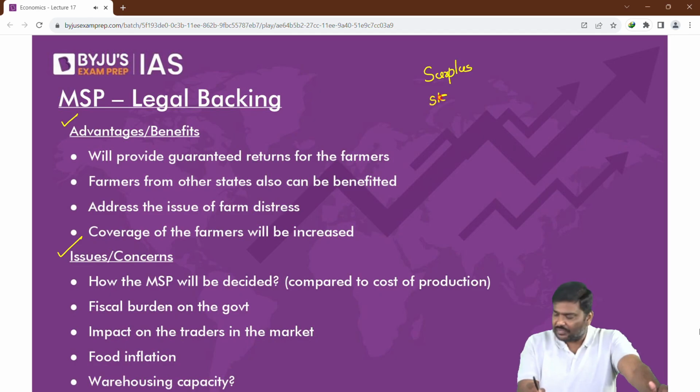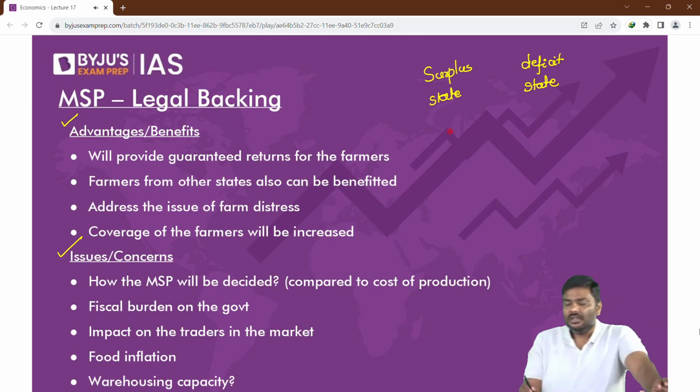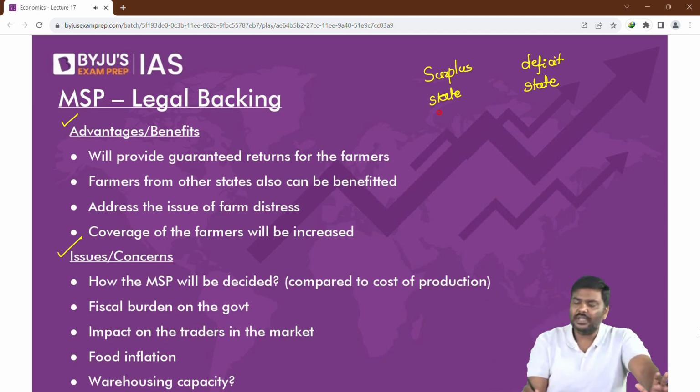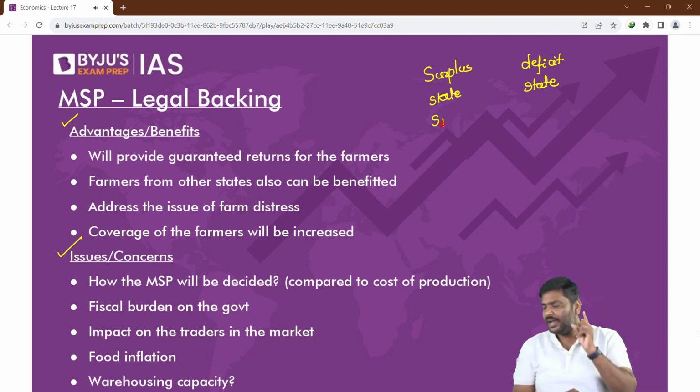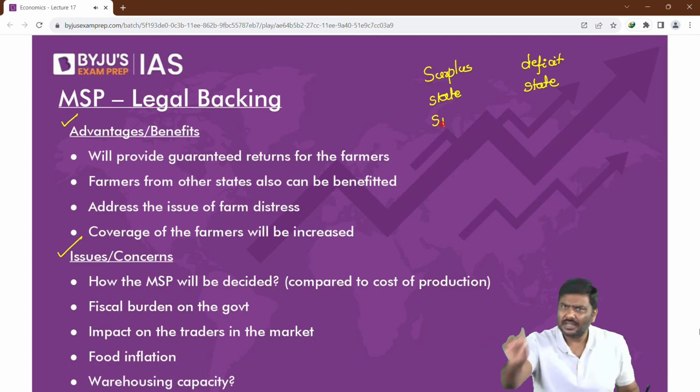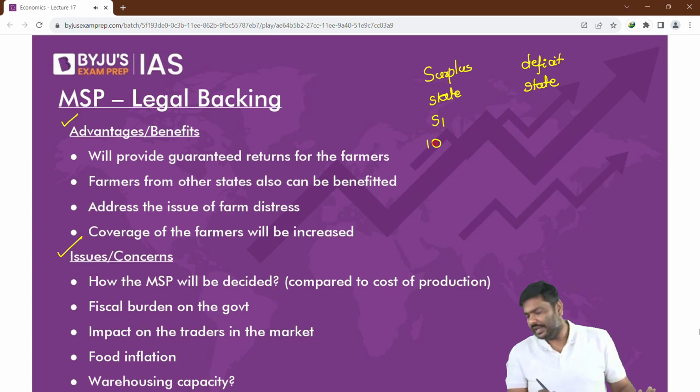There are two concepts called a surplus state and a deficit state. What do you mean by surplus state? Let's imagine government is providing 5 kgs per person in state 1, and there are only 10 people who are supposed to receive the food grain.